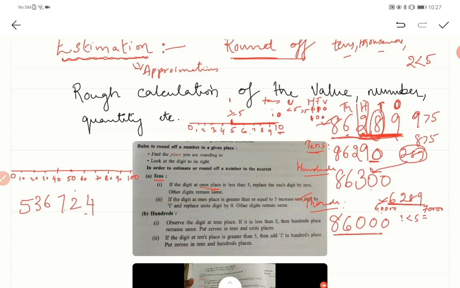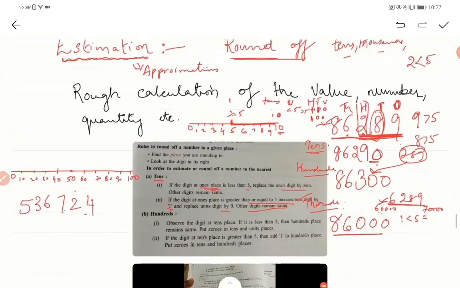If that is less than 5, then you replace the ones digit by 0, and the other digits will remain the same. If the ones place digit is greater than or equal to 5, then you increase the tens digit by 1, replace the units digit by 0, and the rest will remain the same.